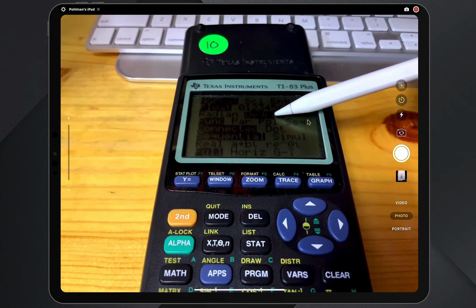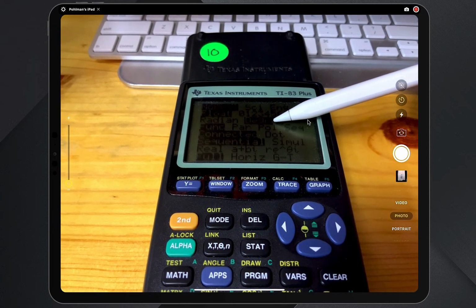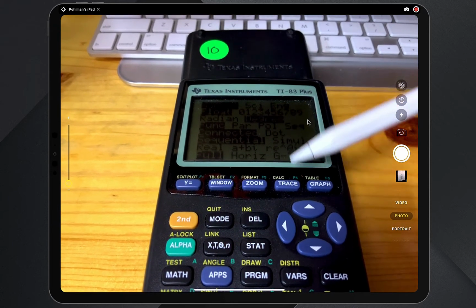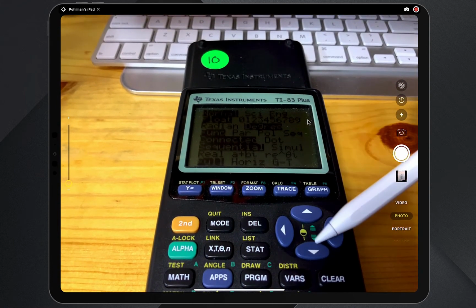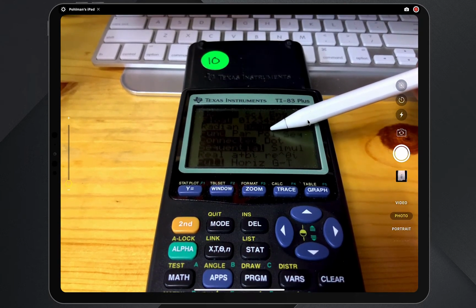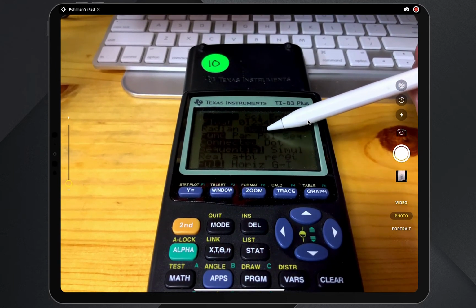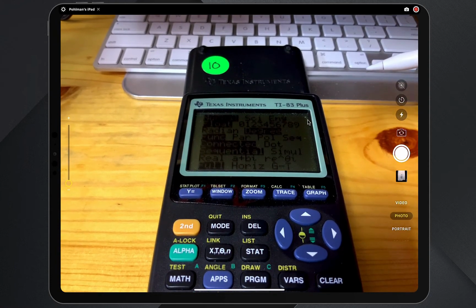I need to make sure that the degrees is the one that's bolded. If it's not bolded, you have to use the arrow keys right here in order to change it from radians over to degrees. Once it's on degrees, you hit enter and you're all good. You're in the right mode to do any of the calculations.